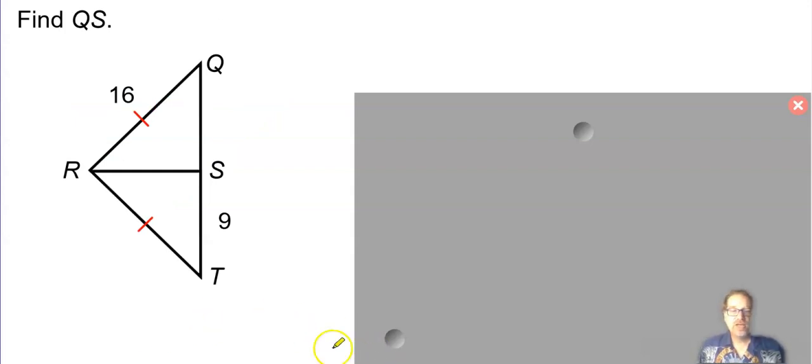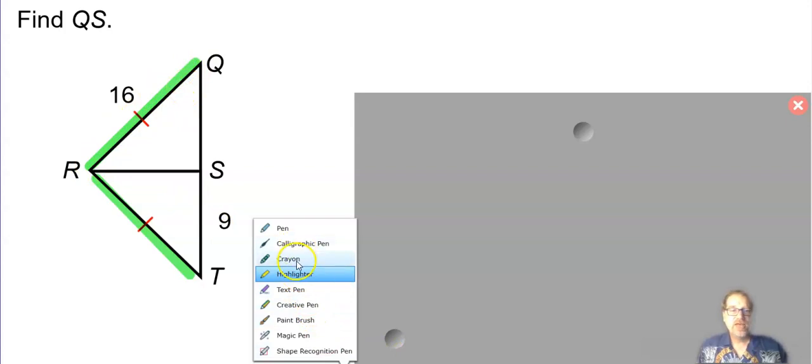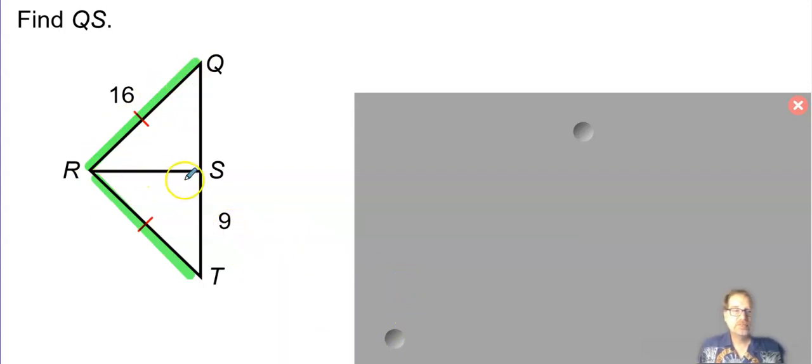Now, what we've got is they changed it up a little bit. They have told us this side, RT, is congruent to RQ. That makes this segment RS a perpendicular bisector.